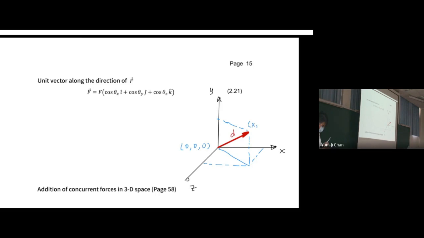And this one is x1, y1, and z1. You can say this is F. Let's assume F goes from 0, 0, 0 to x1, y1, and z1.